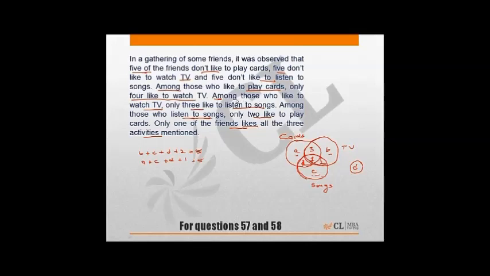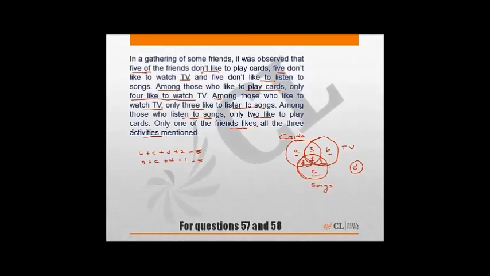The next thing was that the friends who do not like to listen to songs is again 5.